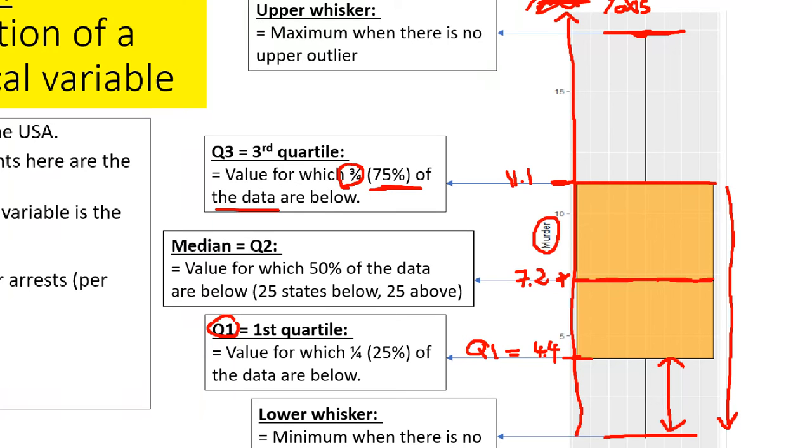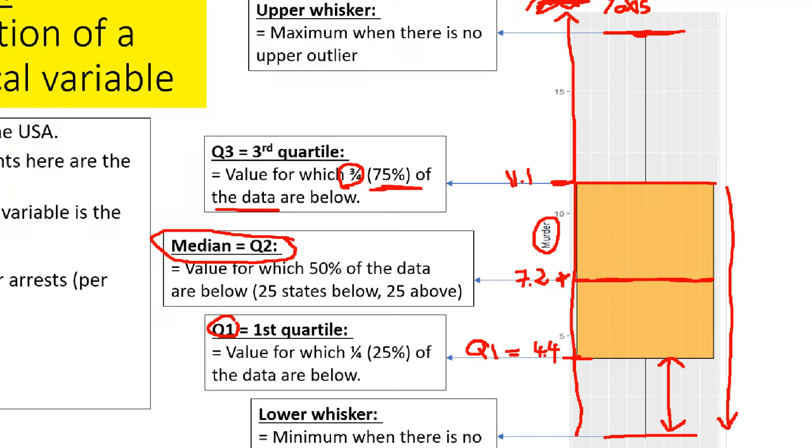So the line in the middle is not the mean, okay? This is the median. The median is also Q2, second quarter, 50% or 2/4 of the data, that is half of the data, is below. So the lower whisker, when there are no outliers, is the minimum of the data, the state that has the smallest number of murders per 100,000 inhabitants.